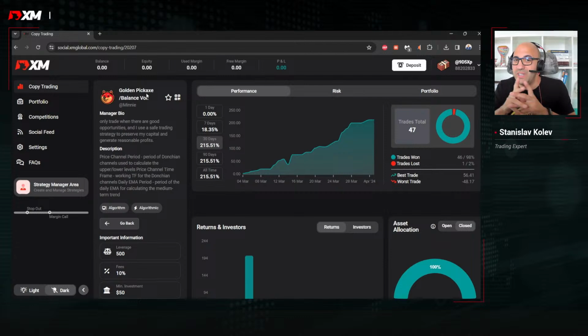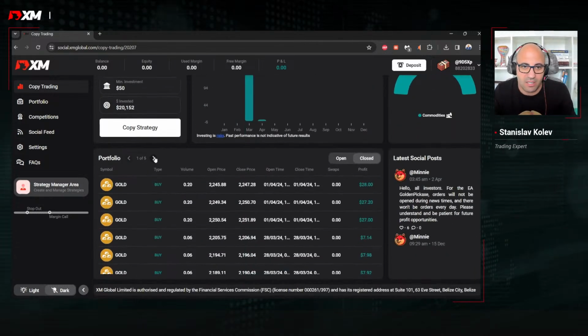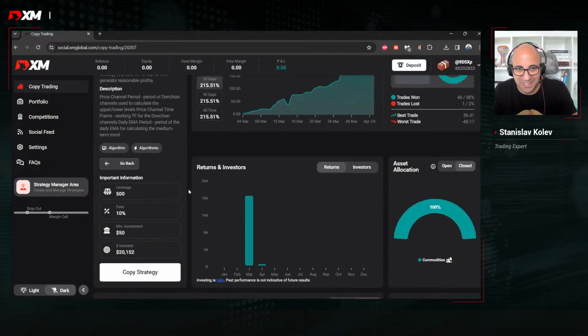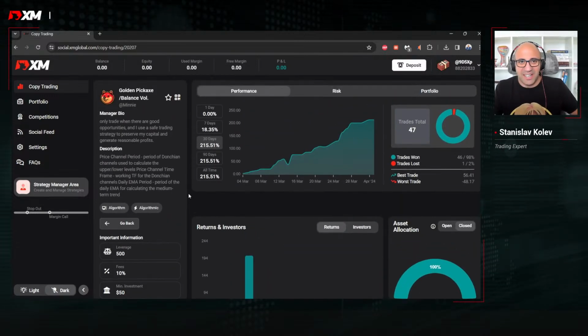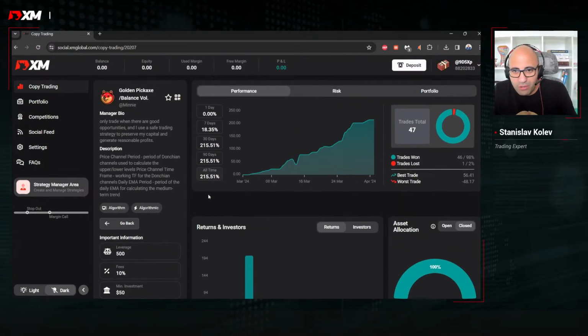I'm not sure if this is the one that's creating gold. Yes, it is one of the coders that I personally know that is creating this one. What a coincidence. And you could see the drawdown here is pretty deep, but you have way bigger performers. You have from the last few days, you got 215 performers into this account.